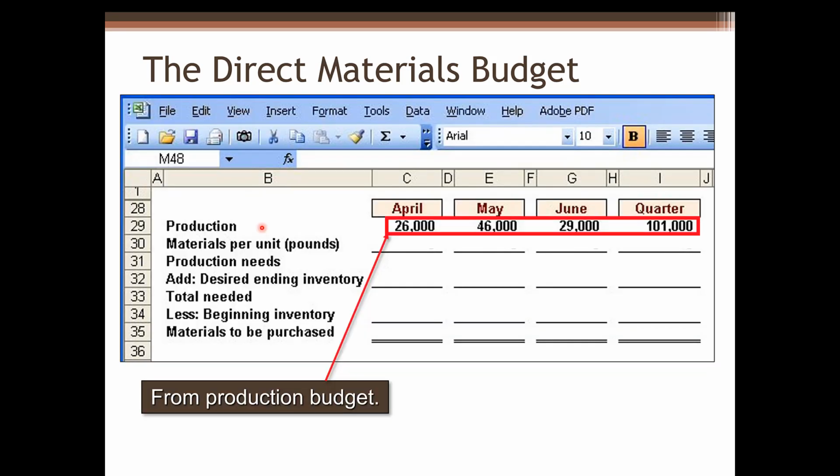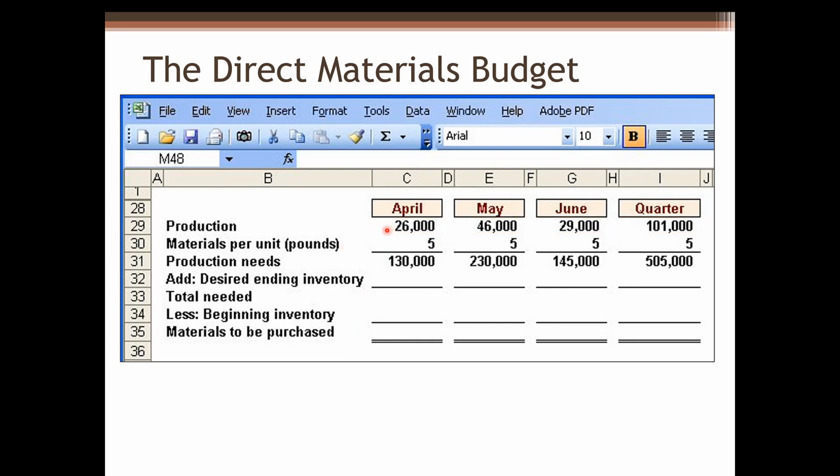To prepare the direct materials budget, we start from the required production in units from the production budget. Here, for April, required production is 26,000 units, May 46,000, and June 29,000. We add them together: 101,000.